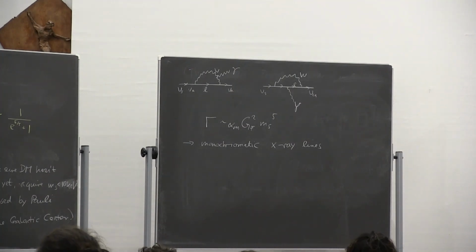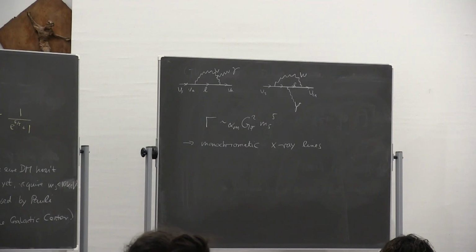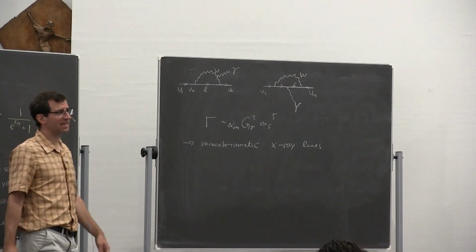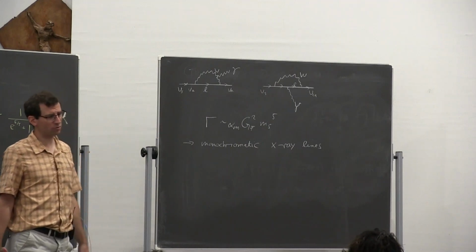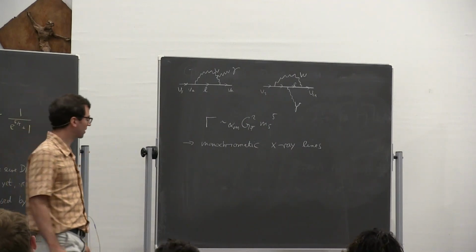There are admittedly X-rays from atomic transitions in standard model atoms, but those we understand reasonably well. So by looking for a monochromatic X-ray line that is not in any of those places where we expect X-ray lines to be based on atomic physics, that's a very characteristic signature, and in fact that imposes extremely strong limits on sterile neutrino dark matter.